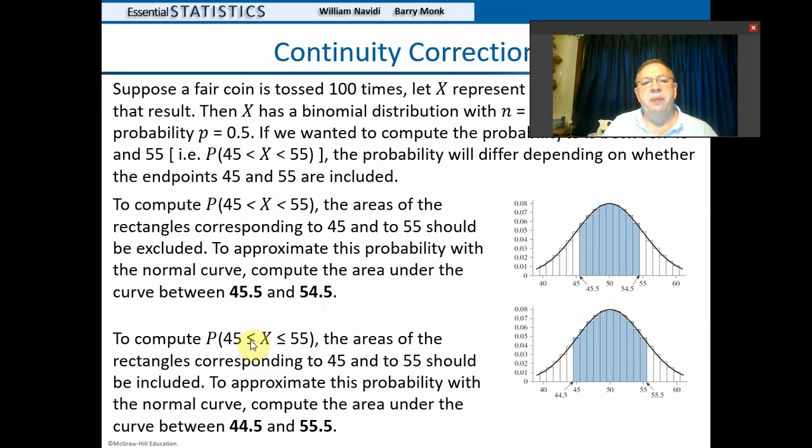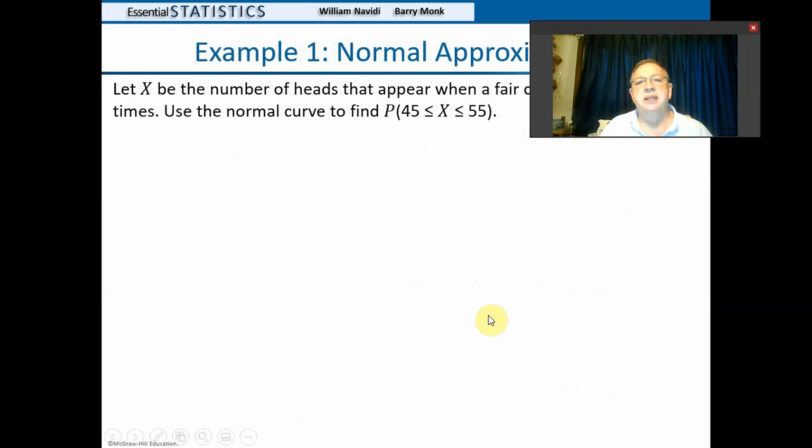To compute the probability of 45 less than or equal to x, less than or equal to 55, the areas of the rectangles need to be included, so I'm going to back this off to 44.5 and to 55.5. So here are the different rules of what I'm going to do to correct, and we're going to show this in just a minute.